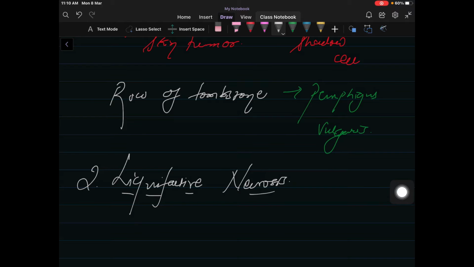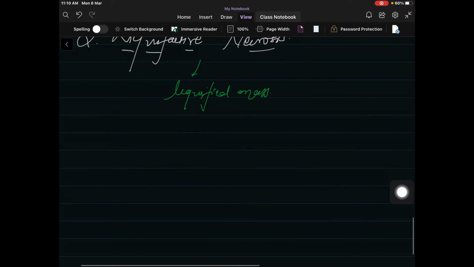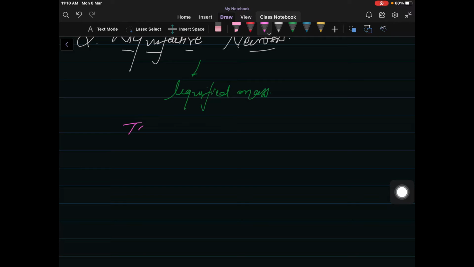Generally, the name only reveals that it is something related to a liquefied mass. In the case of liquefactive necrosis, the tissue is converted into a fluid type, a viscous fluid.